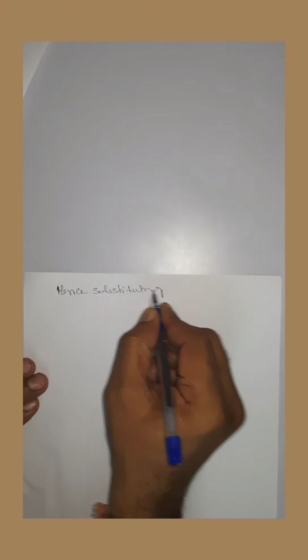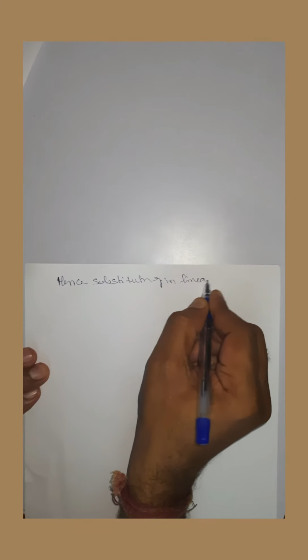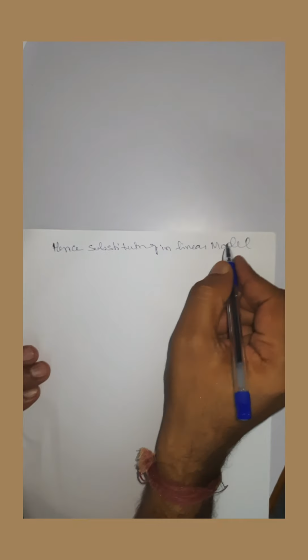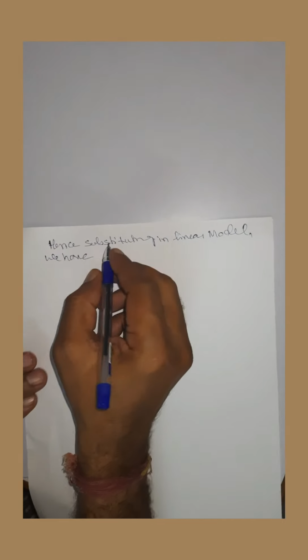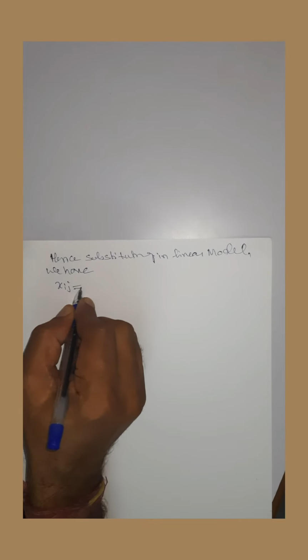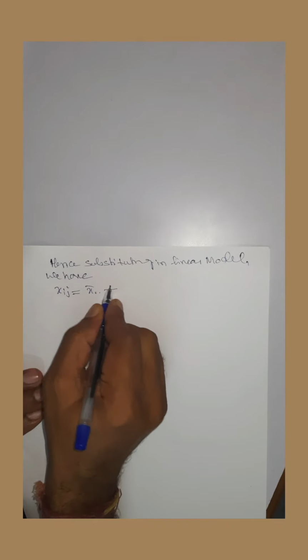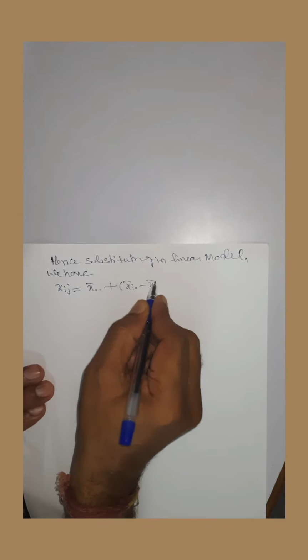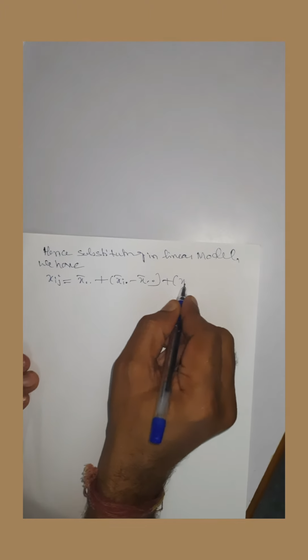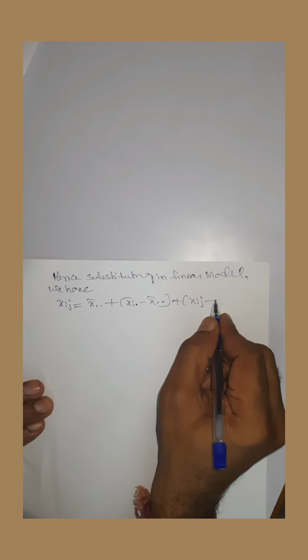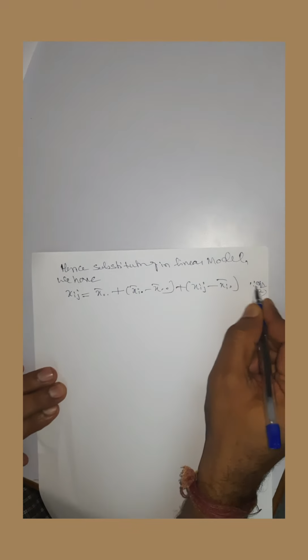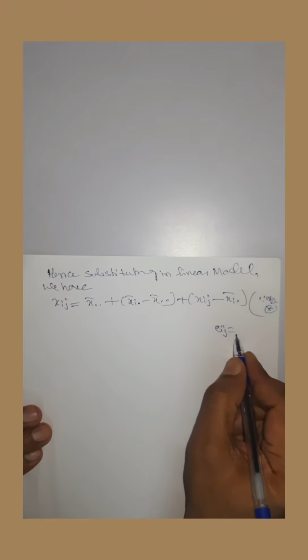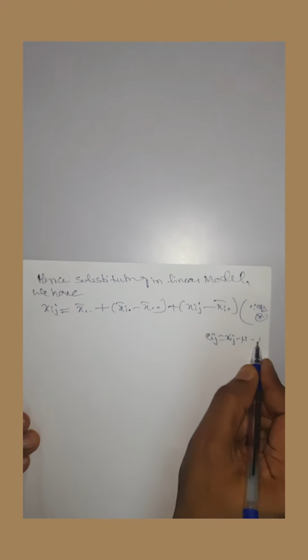Hence, substituting in the linear model, we have xij equal to x bar dot dot plus x bar i dot minus x bar dot dot plus xij minus x bar i dot, since from equation star, eij equal to xij minus mu minus alpha i.